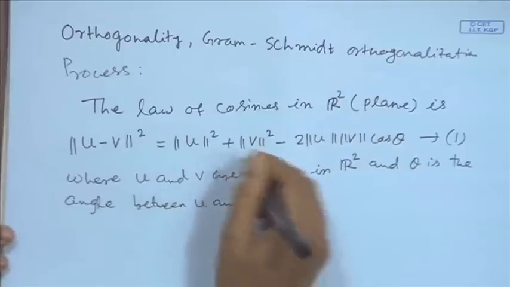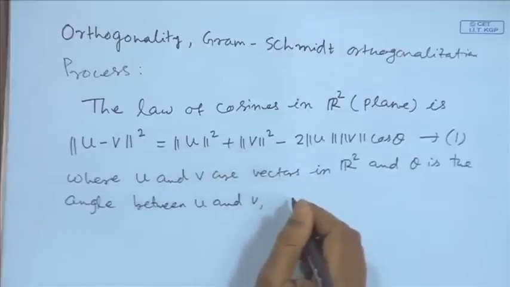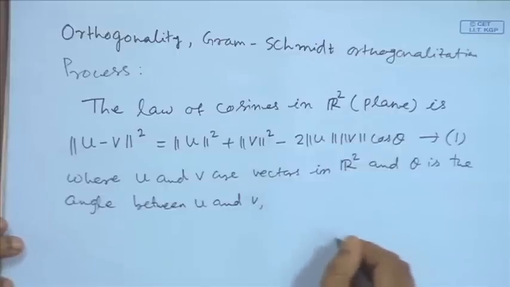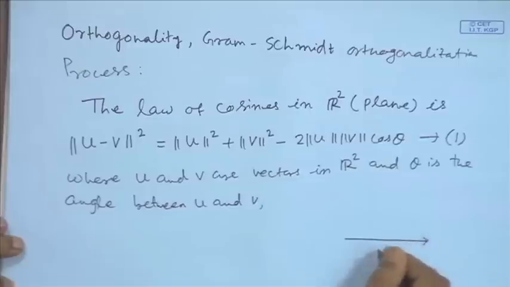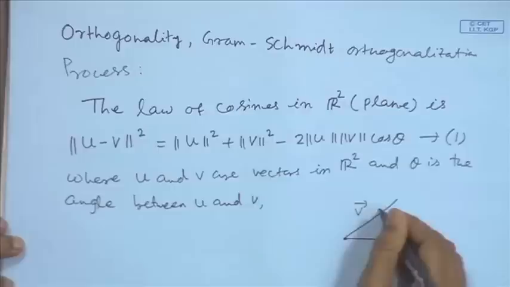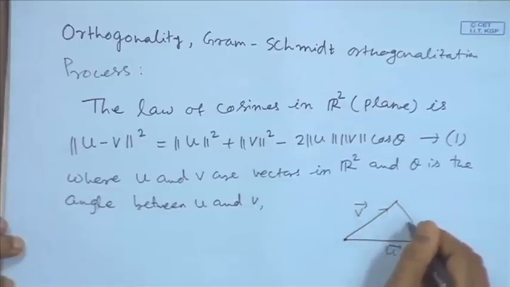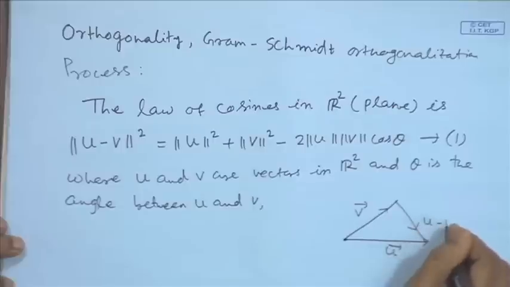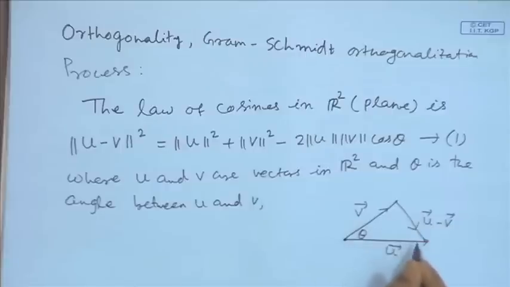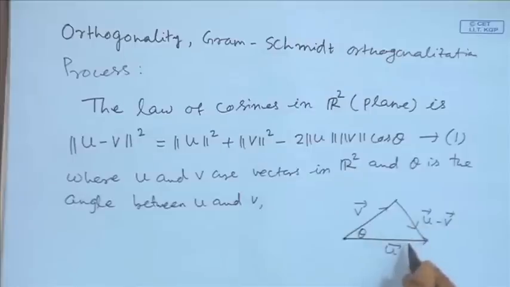This norm we have considered with respect to the inner product in R2. So, the vectors u and v are like this: if this is the vector u and this is the vector v, then u minus v will be this vector, and this angle theta is the angle between u and v. In other words, these are three sides of a triangle and this cosine law holds for this triangle.